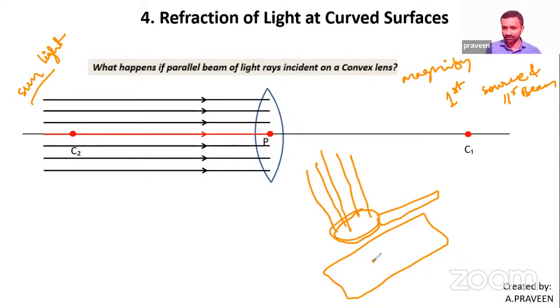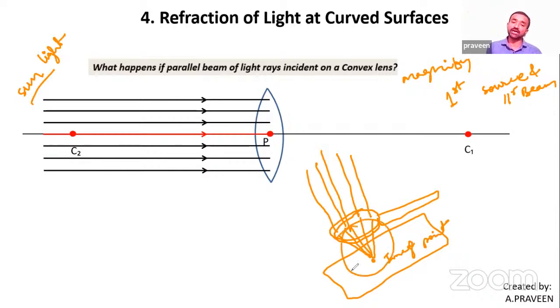All of them give you one bright spot, the image of the sun as a point. So here you simply observed an image point. That means all the light rays are received at only one point. So the light rays passing through the lens deviated from their path and reached the common point.